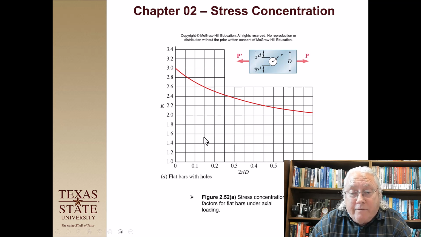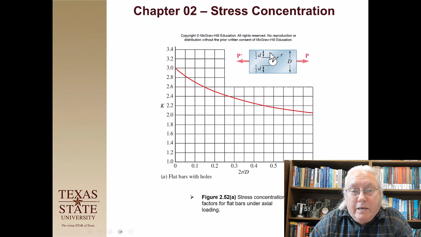And so what I do is I find 2 times little r divided by big D, and then I go up on the curve. If 0.15 is the number, I go straight up until I hit this red curve, which is right here, and then I go to the left over here, and I see my K factor is 2.6. So again, the only thing that matters is this geometry. R is part of the geometry, this radius. D is part of the geometry, the height of this plate.